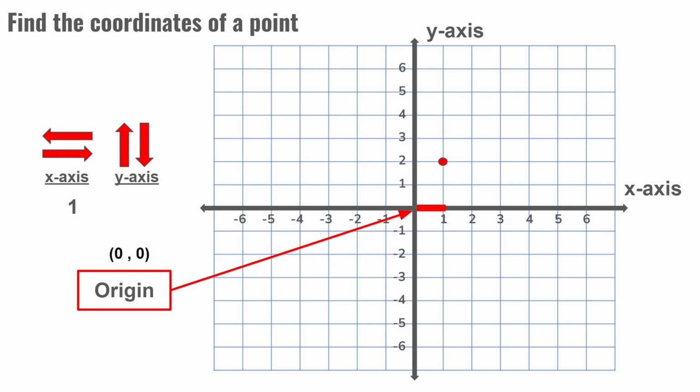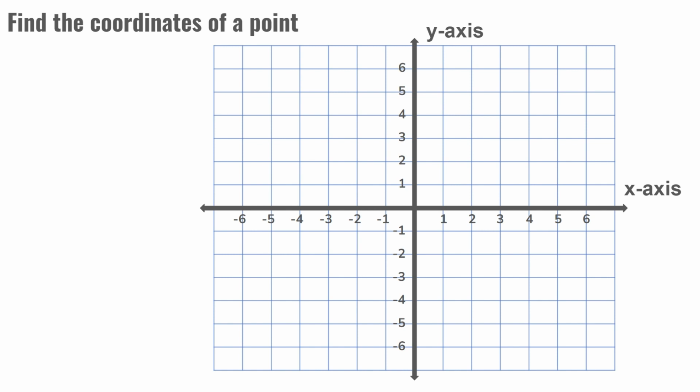So, which direction should we move, and how many spaces should we move in that direction? That's right. We need to move 2 spaces up, which is the positive direction. And this means the second number in the coordinates for the point is positive 2. So the coordinates of the point are positive 1 and positive 2.